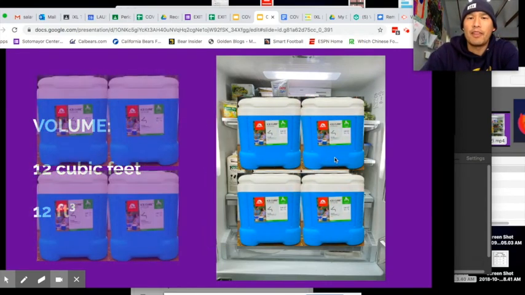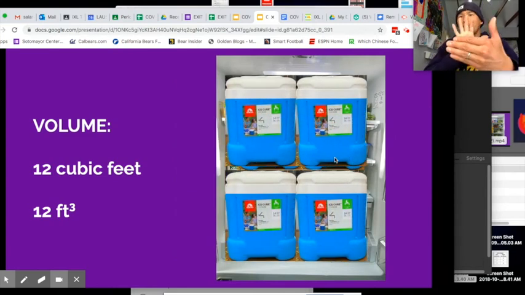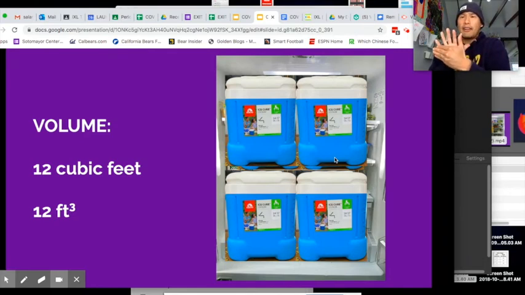So there you go. I stack 4 coolers in the back, 4 more coolers in front, another 4 all the way to the front of the fridge. That's 12 coolers that fit into my refrigerator. That's 12 cubic feet. And in real life, that's how big fridges usually are.